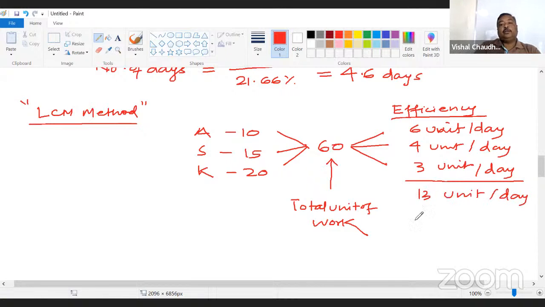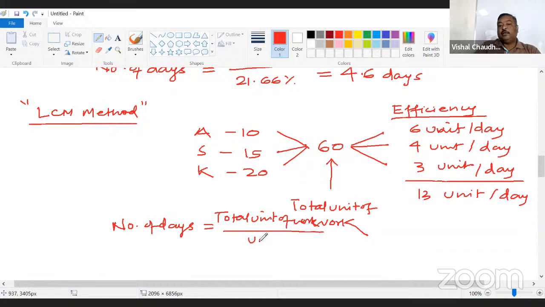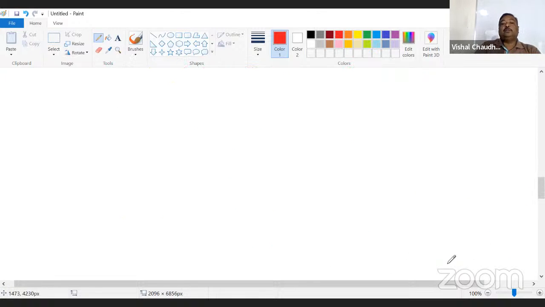13 unit per day. Number of days taken is total unit of work divided by unit per day, and that is 60 by 13, 4, 8 by 13 days.